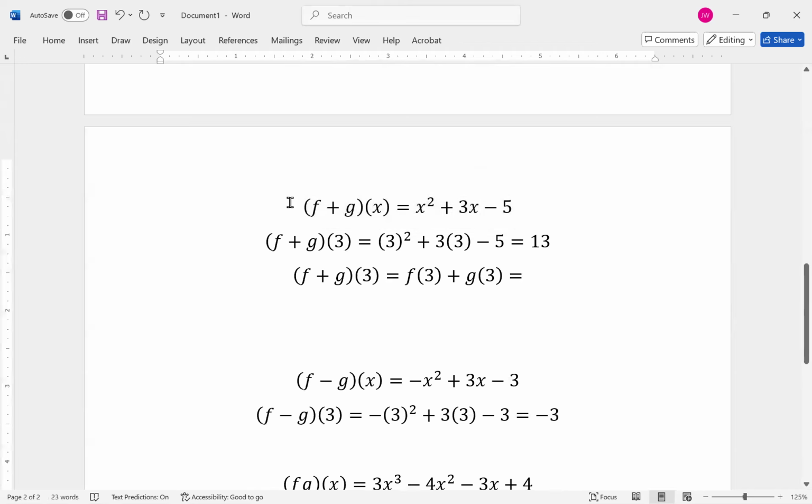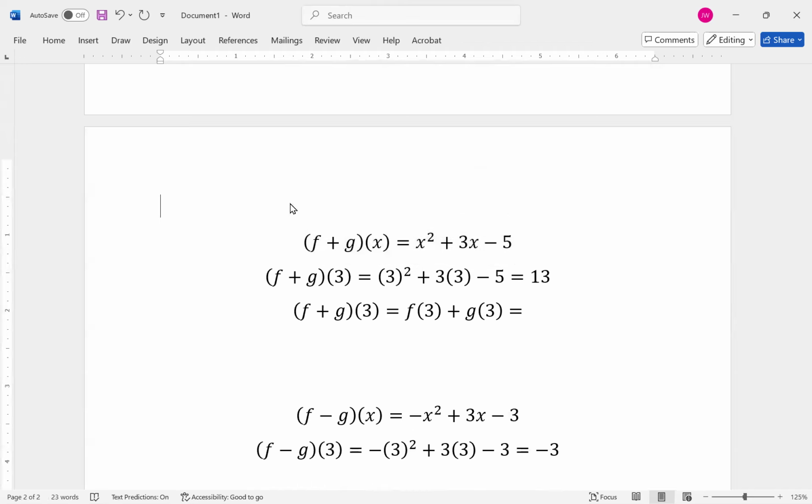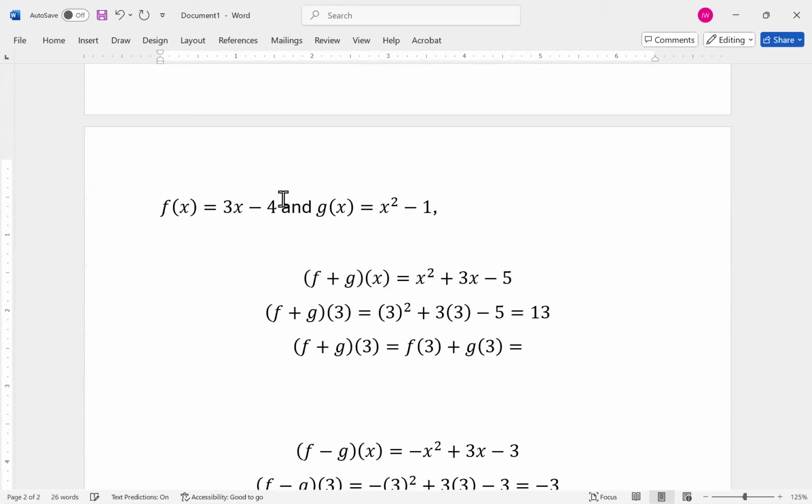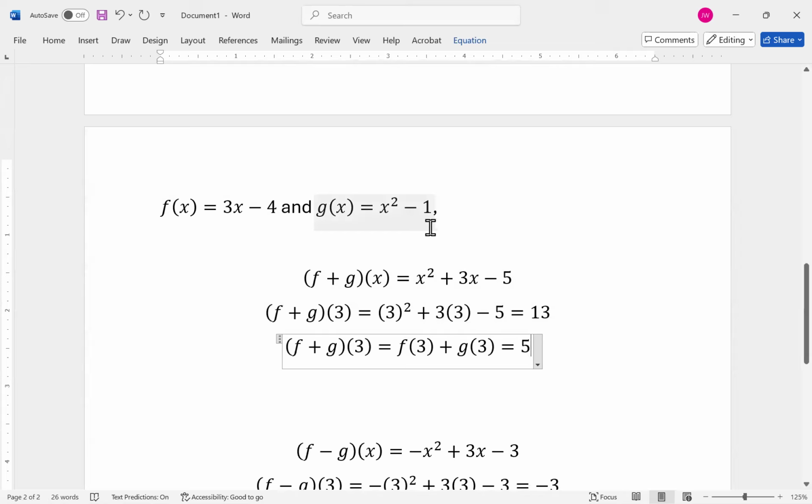Let me put that up here just so we can have that in our heads. So if I plug 3 into f of x, I end up with a 5. If I plug 3 into g of x, I end up with an 8. 5 plus 8 is 13.